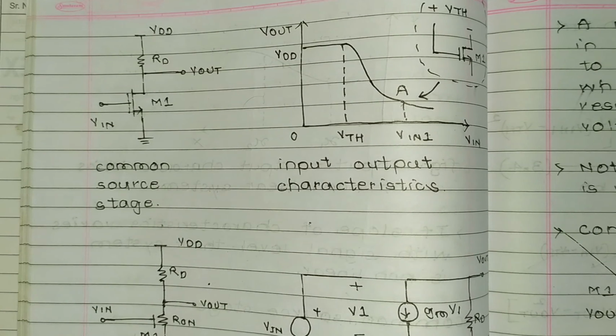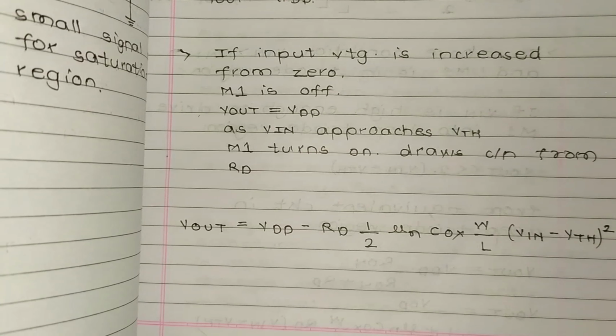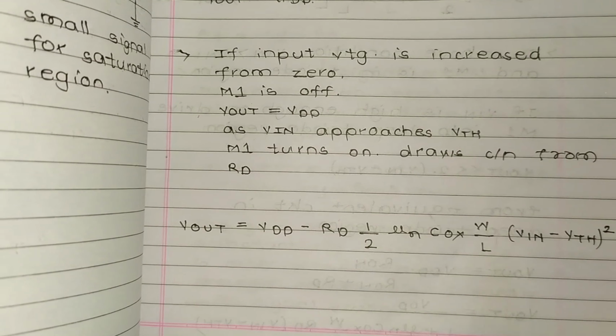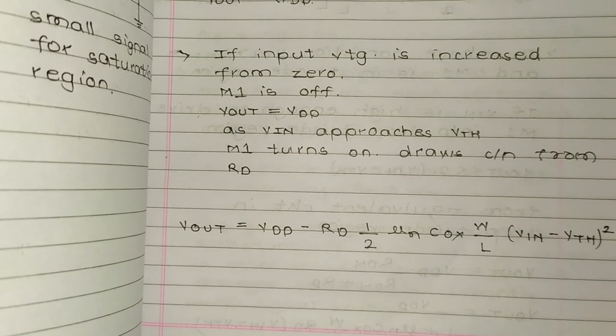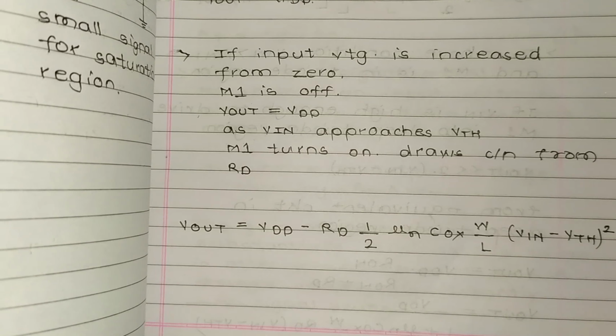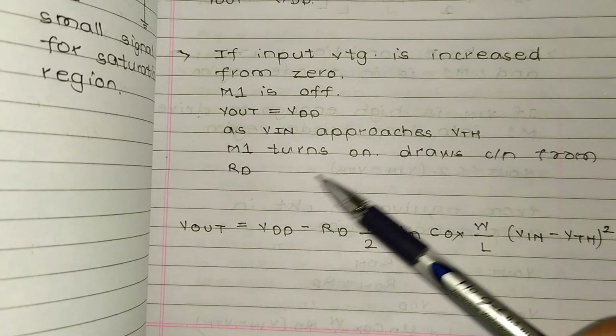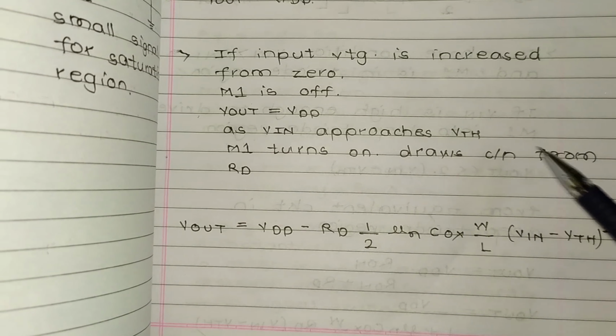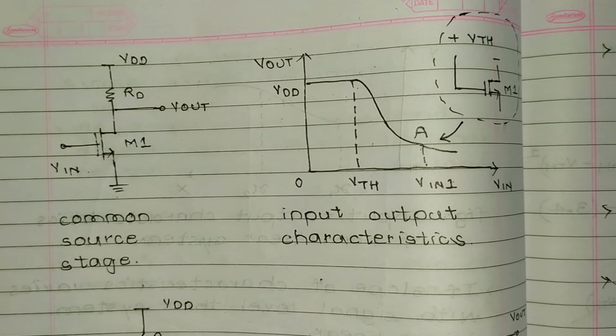If the input voltage is increased from 0, M1 is off and Vout is equal to VDD. As Vin approaches VTH from 0, M1 turns on and draws current from RD.